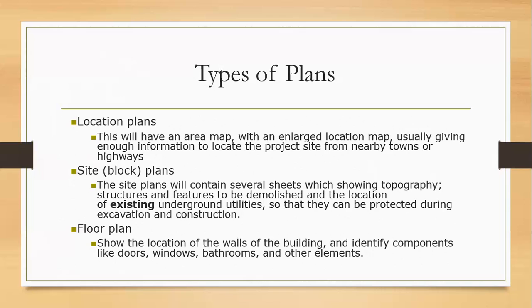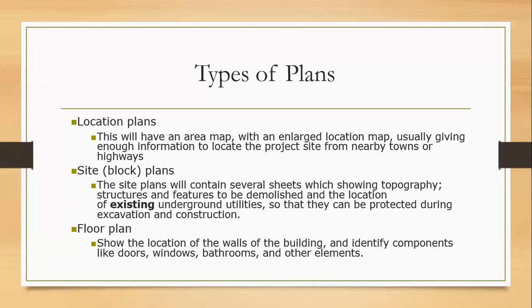Then the next one would be your site or block plan. This site plan will contain several sheets of information, which will show topography, topography being your landscape, various structures in the area, as well as features that need to be demolished.